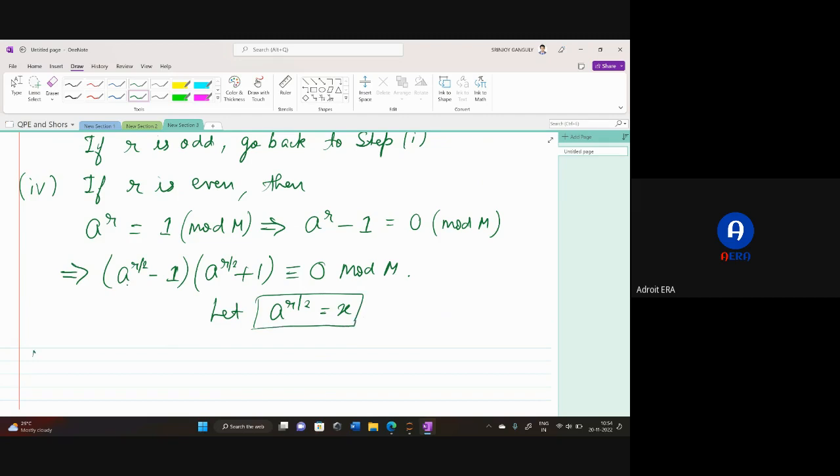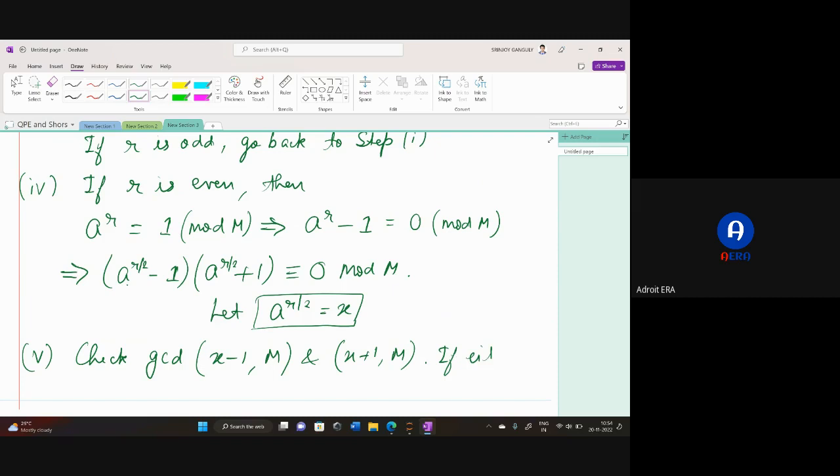Then the fifth step: check the greatest common divisor of x minus 1 comma M and x plus 1 comma M. So both the GCDs need to be calculated.